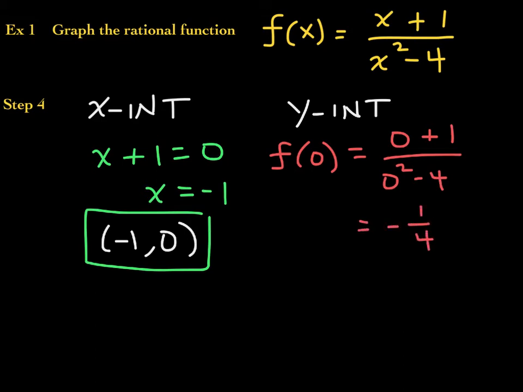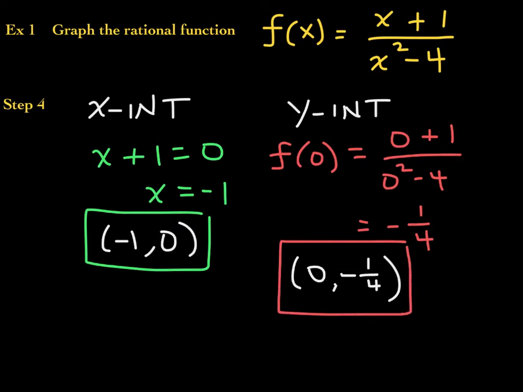So your y-intercept in ordered pair form is 0, comma, negative 1/4. That's your one y-intercept. Now because the end behavior asymptote is the x-axis, I don't have to determine whether the graph crosses the end behavior asymptote or not.